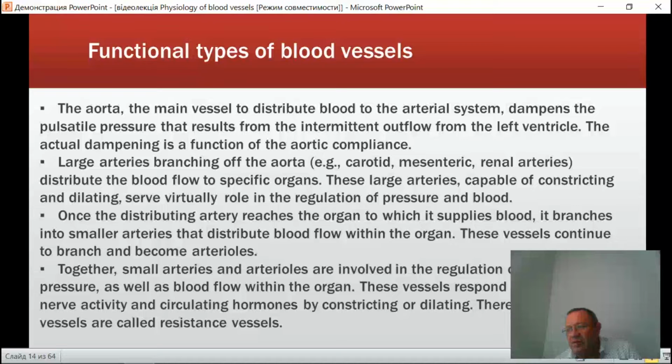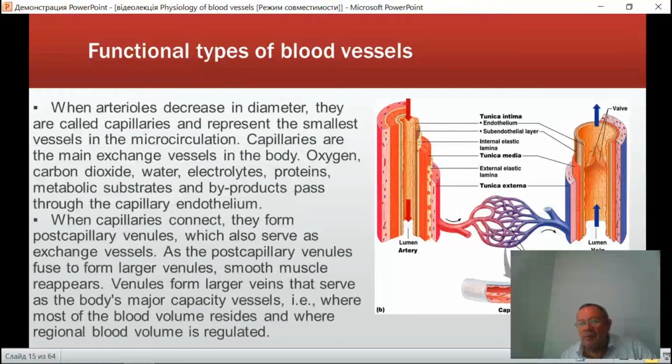Second type of vessels. When arterioles decrease in diameter, they are called capillaries and represent the smallest vessels in the microcirculation.